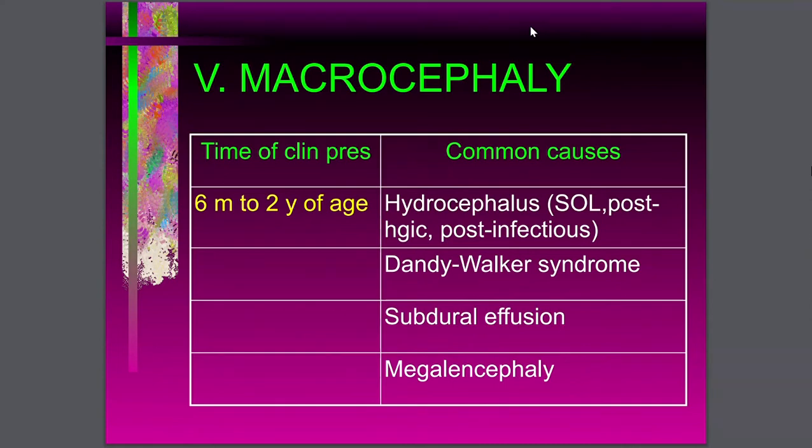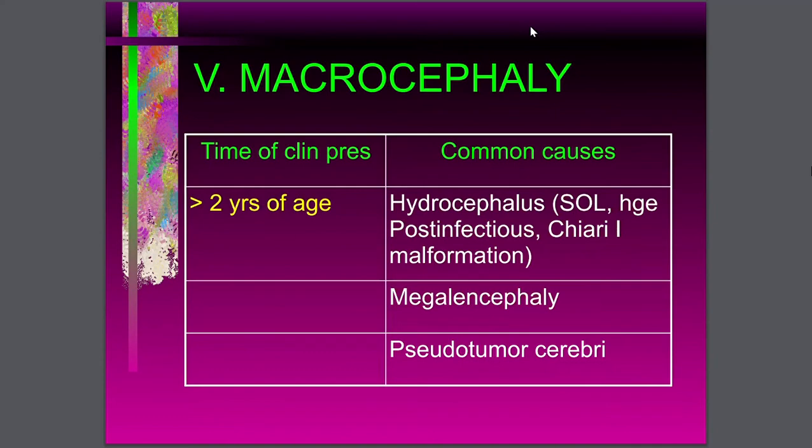It may be due to a subdural effusion or to megalencephaly. When we say megalencephaly, that is enlargement of the brain tissue and not of the head. When you say macrocephaly, that is enlargement of the head. Megalencephaly is enlargement of the brain tissue. Next slide, please.